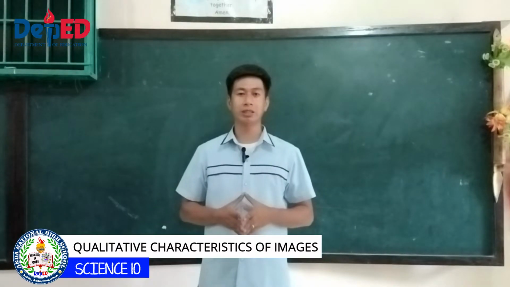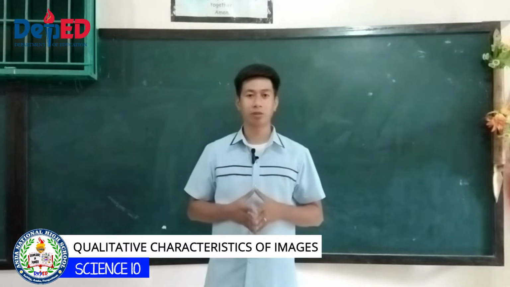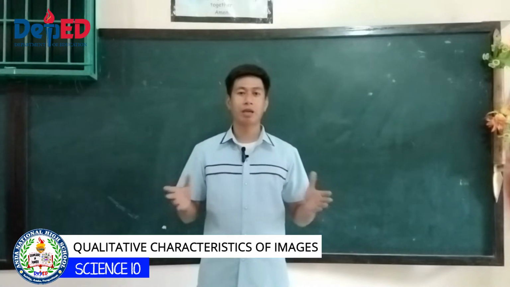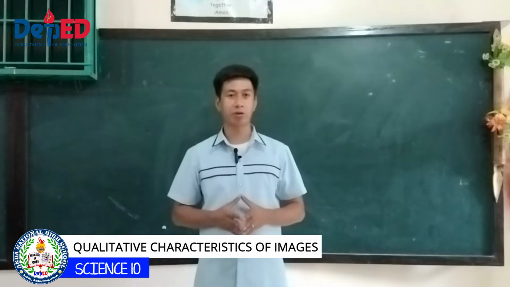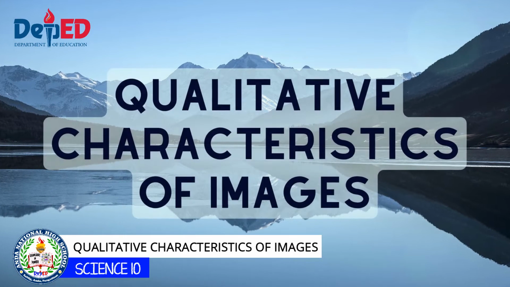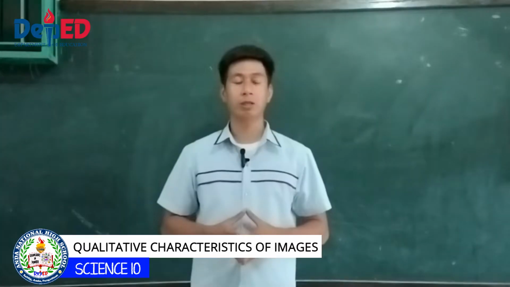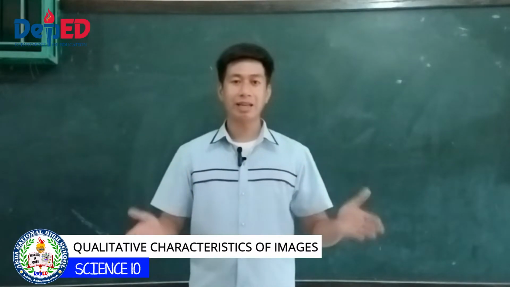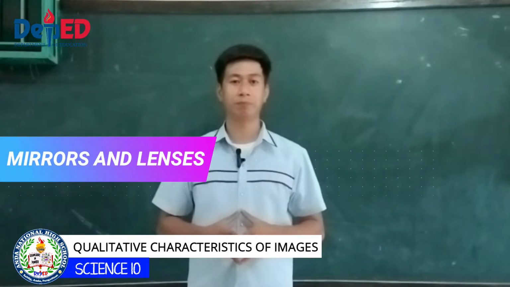In this module, we will answer these questions and we will try to predict the qualitative characteristics like orientation, type, and magnification of images formed by the plane mirrors and also the curved mirrors and lenses. But before that, let us first explore the mirrors and lenses.